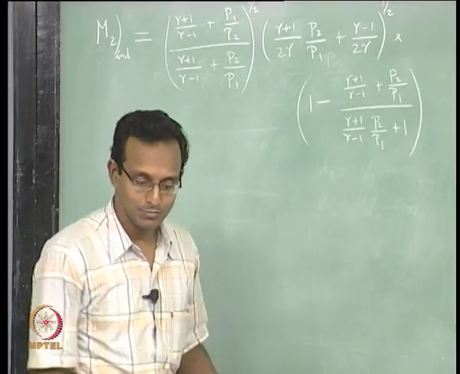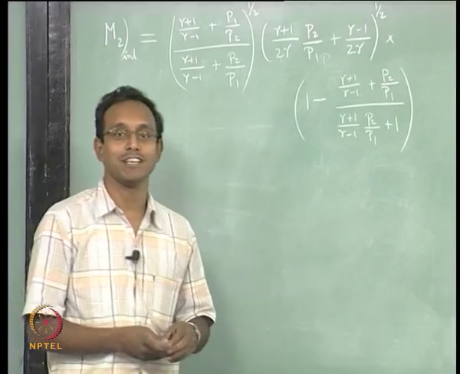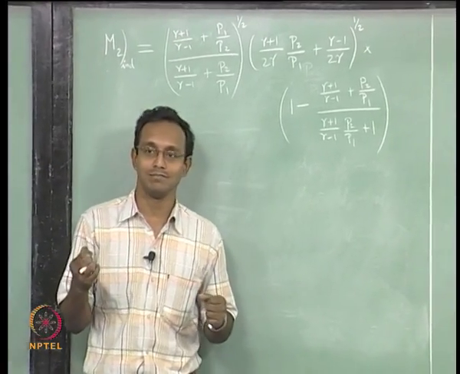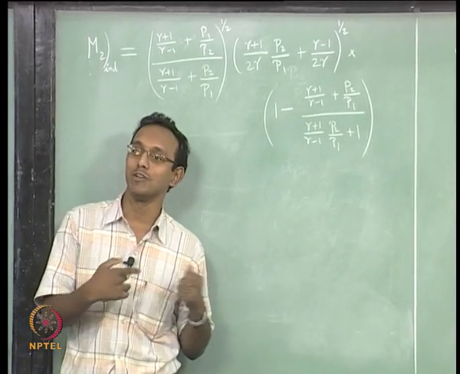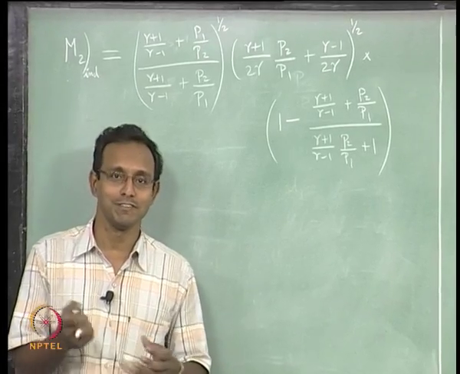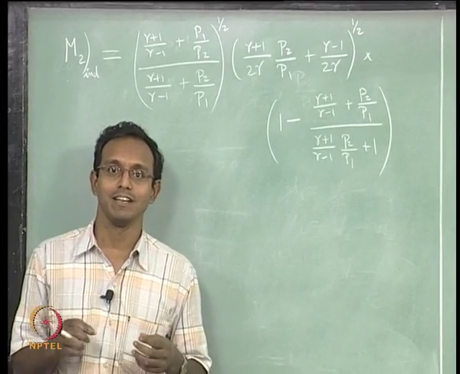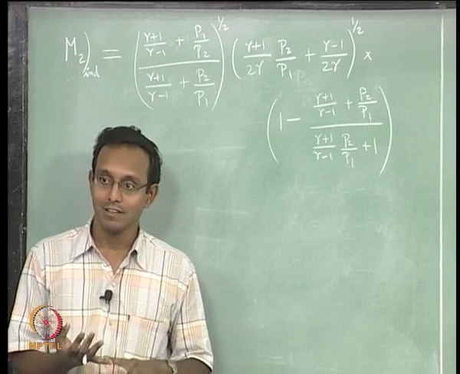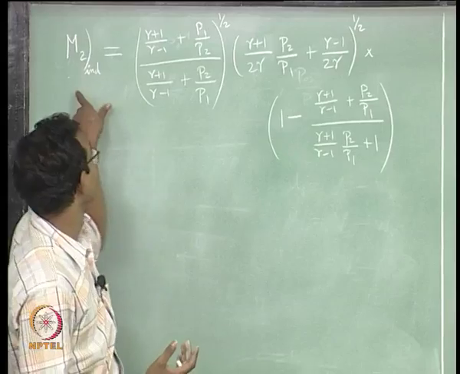Now, I am going to observe something. When my P2 by P1 is close to 1, my V2 was 0, which is what we saw first. V2 is 0, that is, if it is a weak compression wave, it does not induce any velocity, which means my M2 induced must be 0.